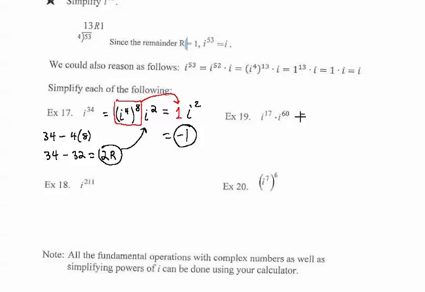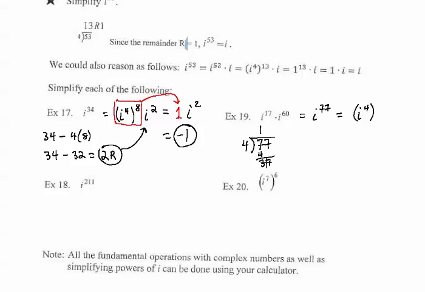Alright, example 19. What we can do here is first apply the product rule, which tells us that we can add the exponents as long as the bases are the same. So we end up with a 77. We want to break it up into i to the 4th. And so how many times will 4 go into 77? We'll do a little long division here. 1 times 4 is 4.